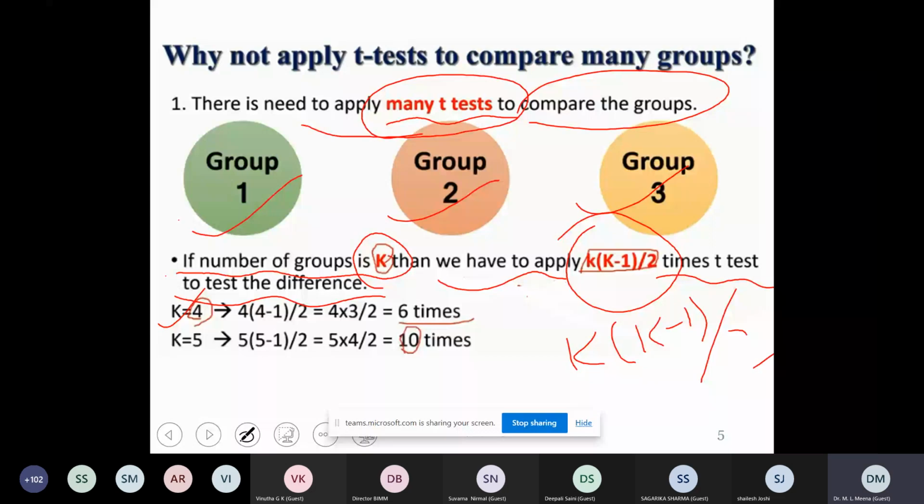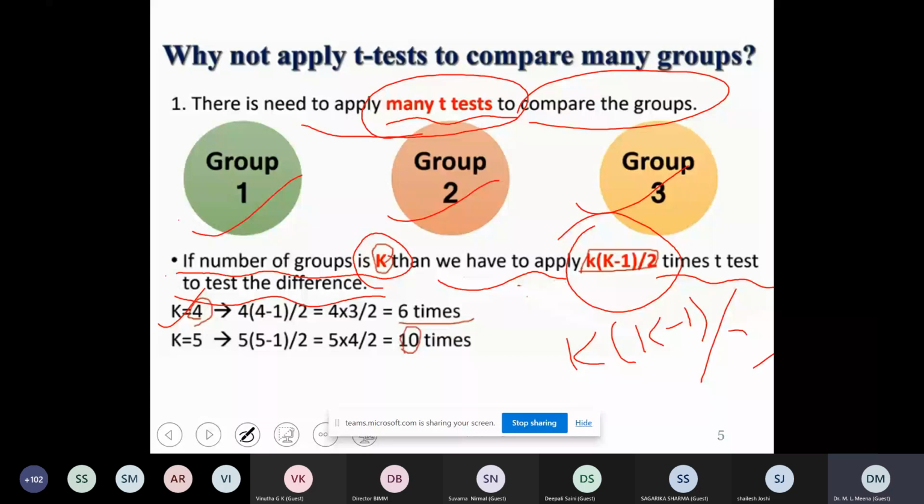And the third reason is, t-test evaluates only variance between groups, but ANOVA evaluates both between the groups and within the groups.